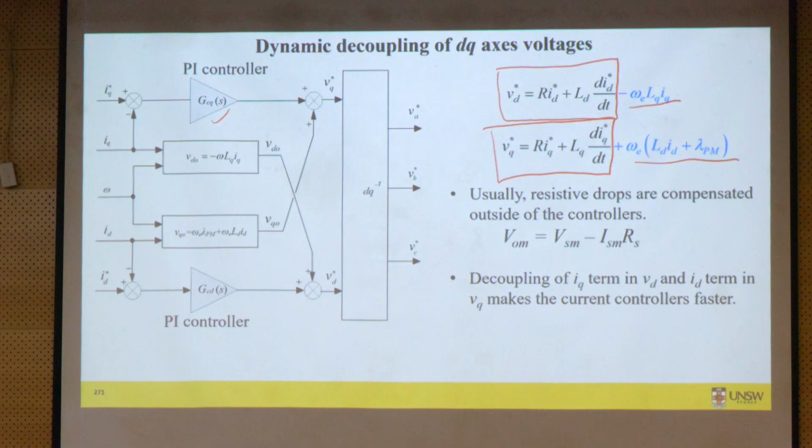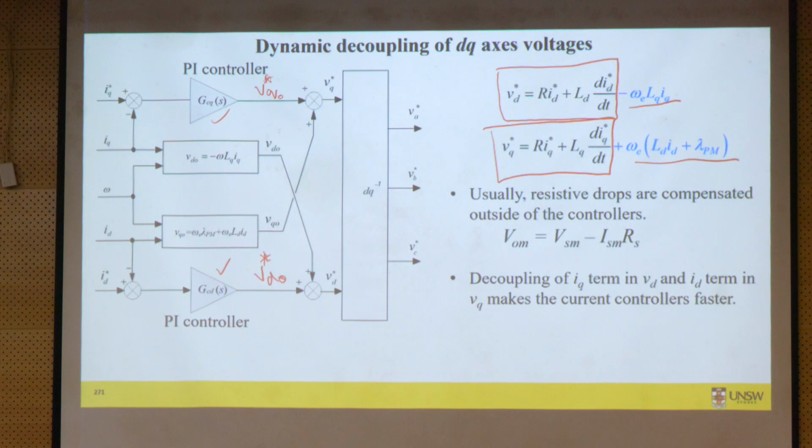So these are the PI controllers, Q axis and D axis, and the output is a voltage. Let's call it VQ 0 star or something, or VD 0 star, let's say.